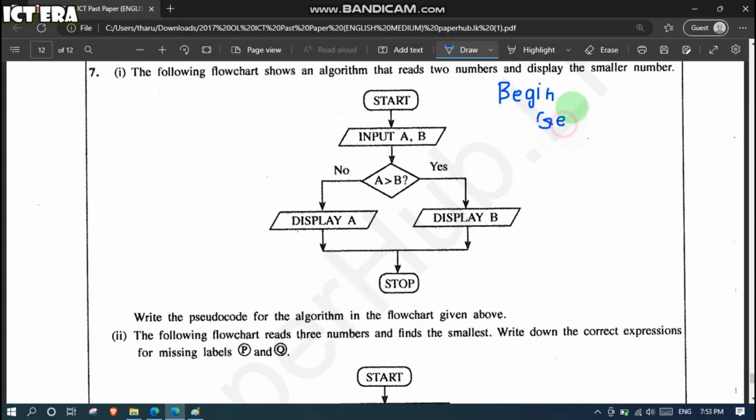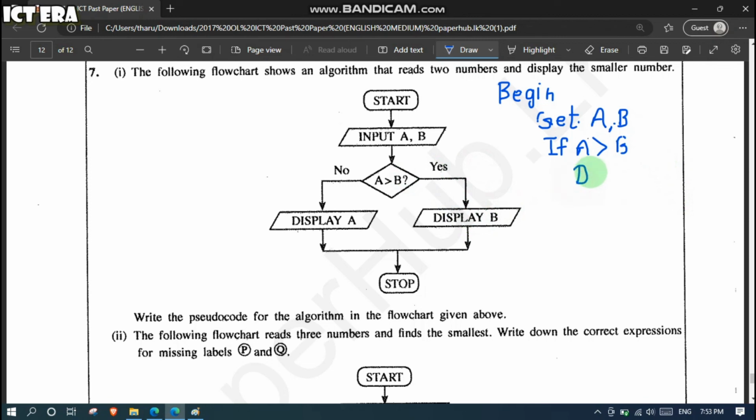Anything is okay. So I will write get A, B, and then I have to put a condition. If A is less than B, if this condition becomes true, what happens?